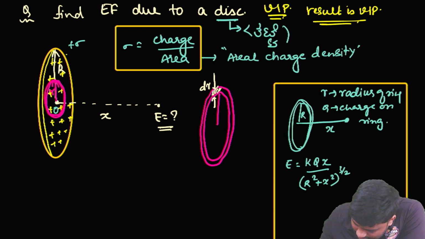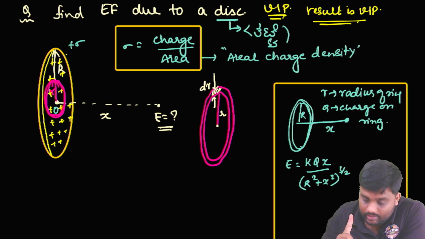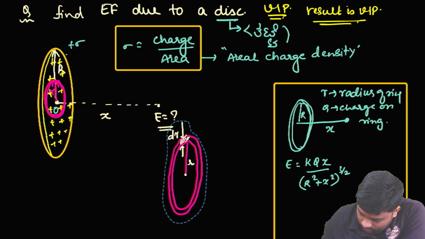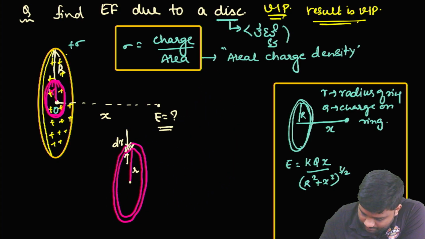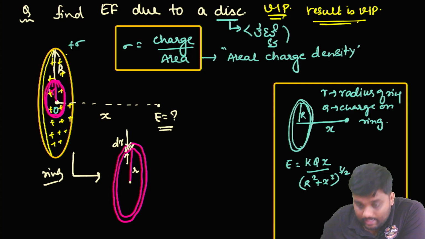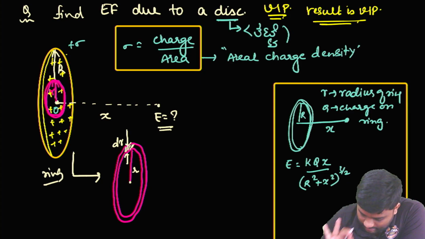This is at the distance r, I considered one of the elements. Understood? See here, I consider in this disk, at some distance, I have considered one ring.